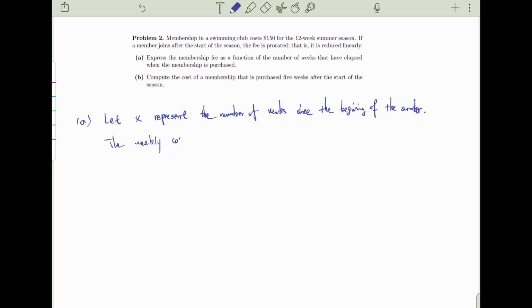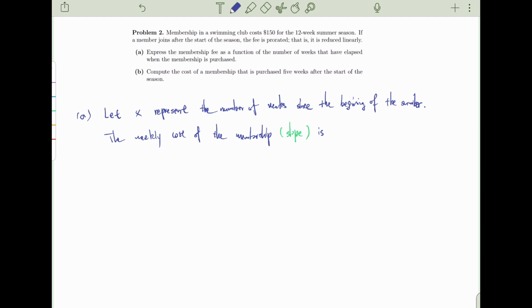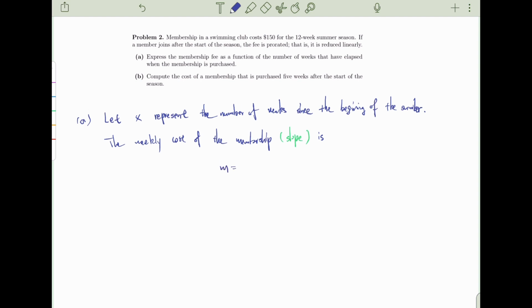Okay. Now the weekly cost of the membership, which is the slope, is gonna be m equal to y1 minus y2 divided by x1 minus x2.